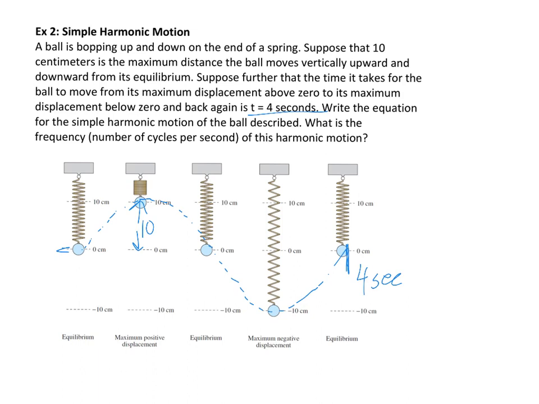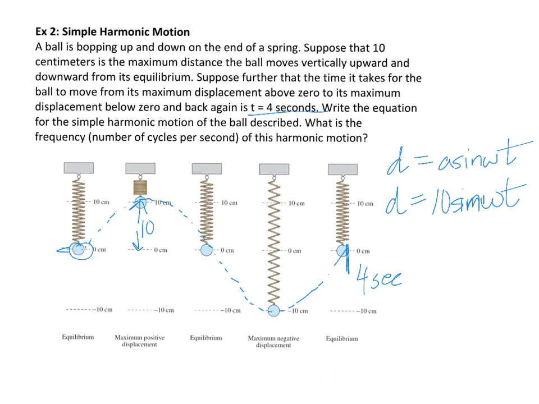Using our formula D, this is a sine function since we started off at the equilibrium point, A sine omega t. So our A is 10, and I need to figure out the omega. How am I going to do that?